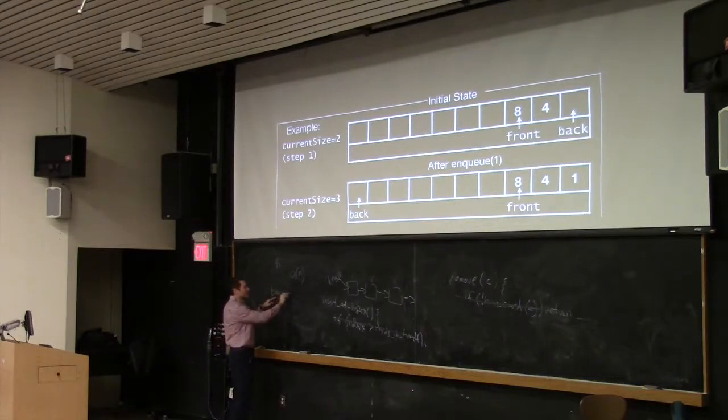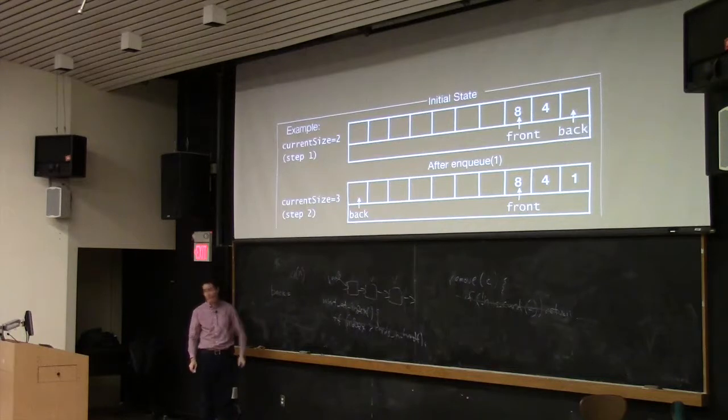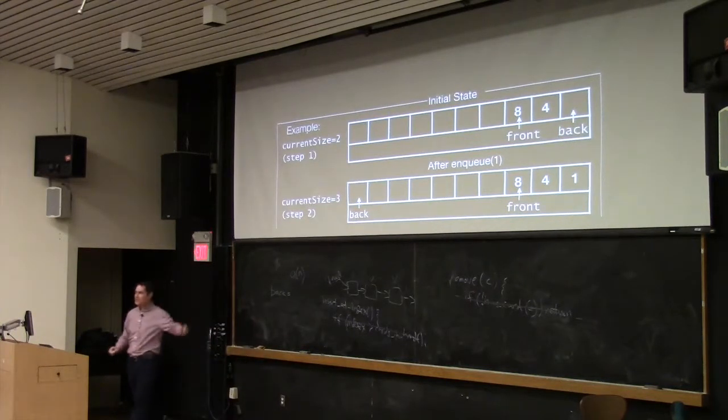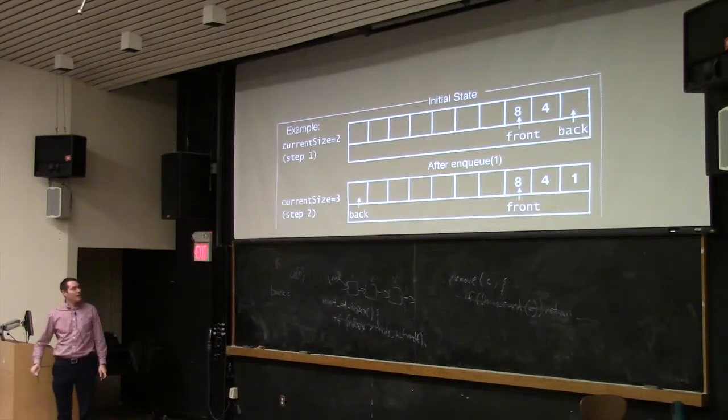Let's think about what it's going to be. Back gets what? Can you think about using the modulus here to figure out what it actually gets? Modulus gives you the remainder. What is 10 modulus 10? 0, because there's no remainder.